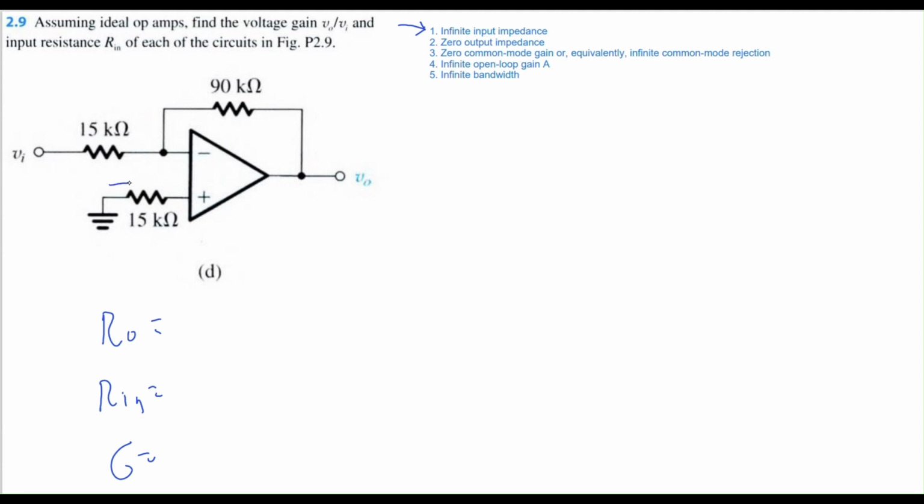That means that the resistance going into this positive terminal is infinite. And we notice that V at the positive terminal is 0 because it's grounded. So V equals IR, then we have 0 equals I times infinity. I is equal to 0 over infinity, which is equal to 0.